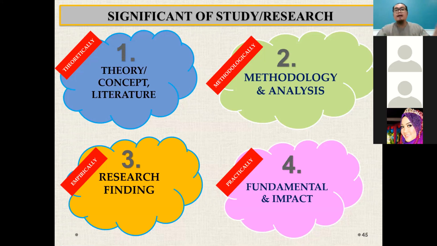In order to cover the significance of study, you should cover four areas: number one, theoretically; number two, methodologically; number three, empirically; and number four, practically. Why? When you talk about significance of the study, these four areas you need to cover. Number one, theoretical. Once you do a research, you bring knowledge.